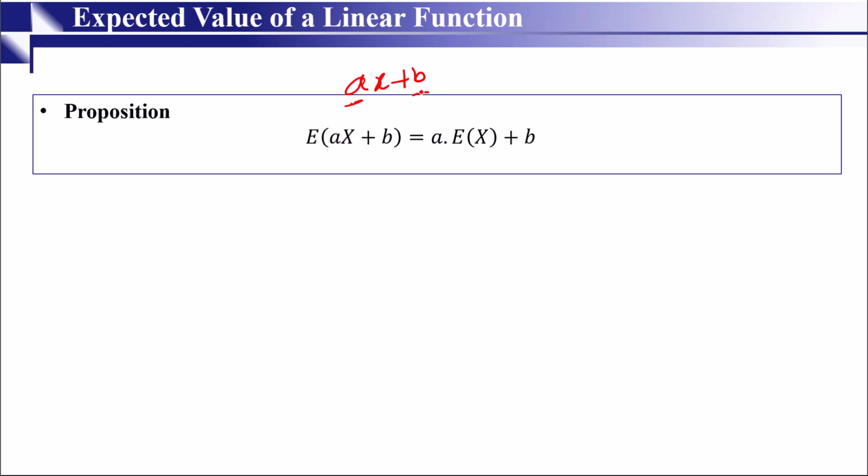If you scale and shift X, the expected value of aX plus b is a times E[X] plus b. To paraphrase, the expected value of a linear function equals the linear function evaluated at the expected value of X.